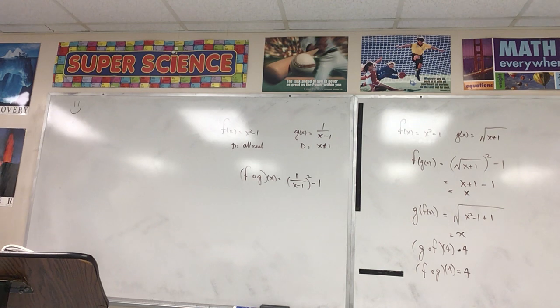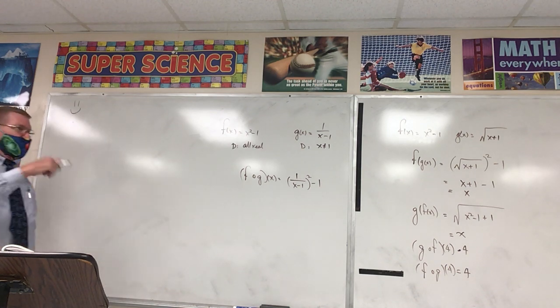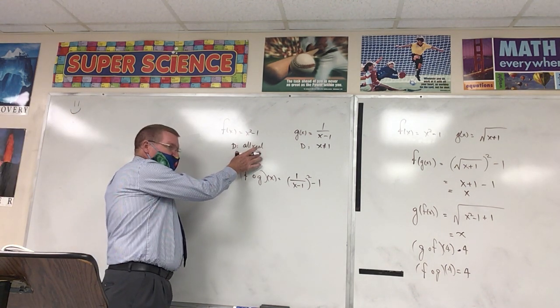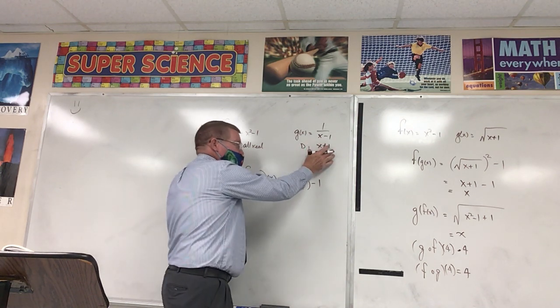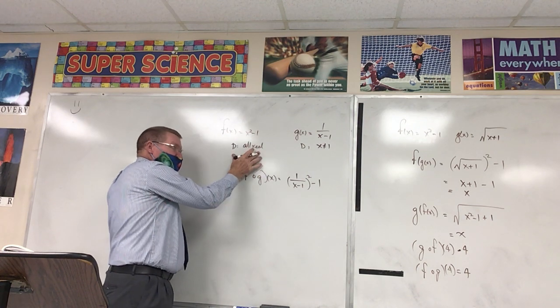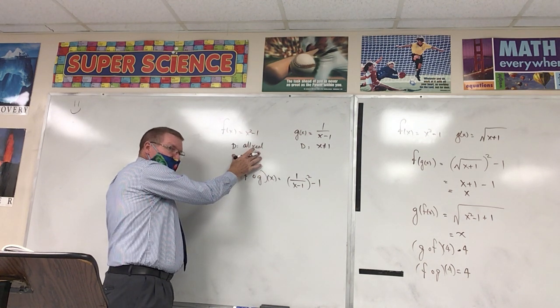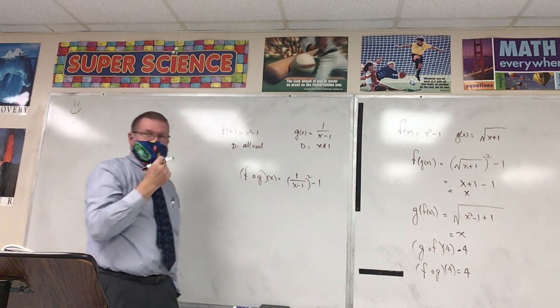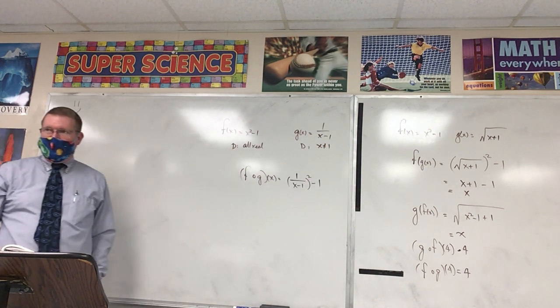It's the domain that we want to make sure: x can't be equal to 1. This is going to be all real numbers. So whatever I get out of here must fit here. So anything I put in for x besides 1, is that going to equal any real number?